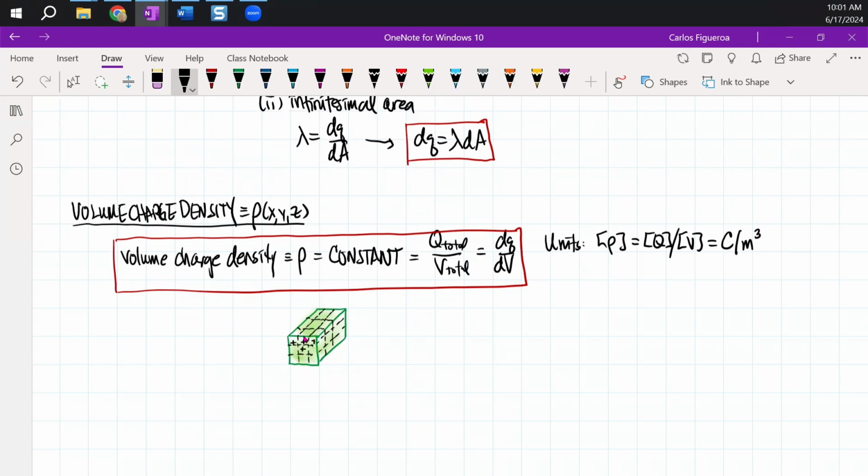I can put a uniform charge in each of these little cubes. I don't have to put positives everywhere, but there you are. If I look at one little tiny cube right here, I can rewrite this as dq, and that's going to be the charge density times the volume.